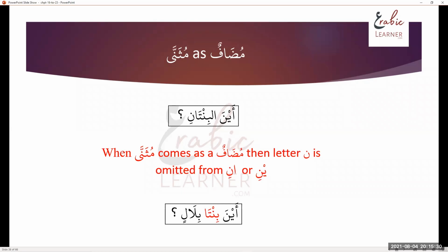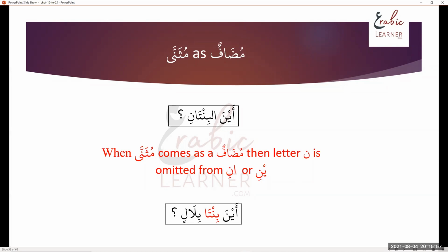Kitabun, kitaban, kitabin, it is ending with noon sound. In the same way, Mudaaf also doesn't like any noon sound. So that's why we say no al and no tanween always for Mudaaf.